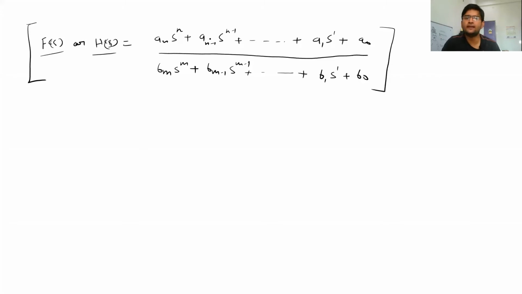Here a_(n-1), a_1, a_0, etc., are the coefficients, and n is basically the order, which is the maximum degree of s in the numerator, and similarly m is the order of the denominator, which is the maximum degree of s in the denominator. So this is how we represent it.